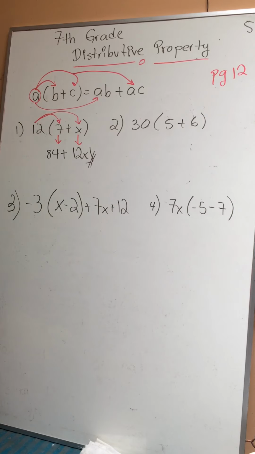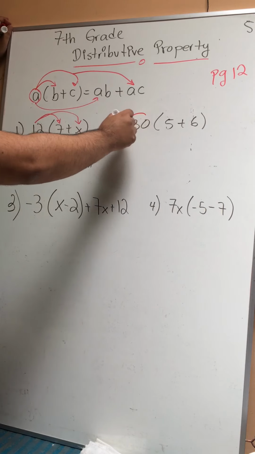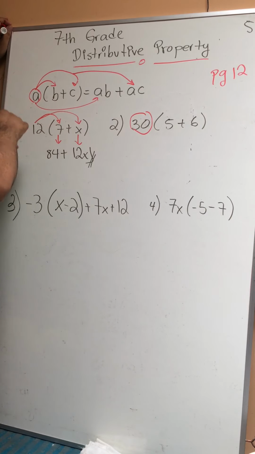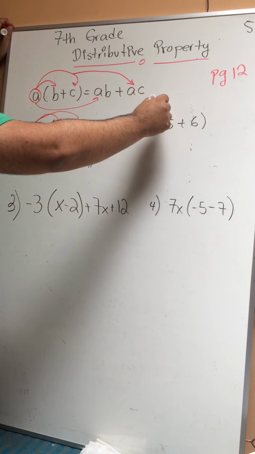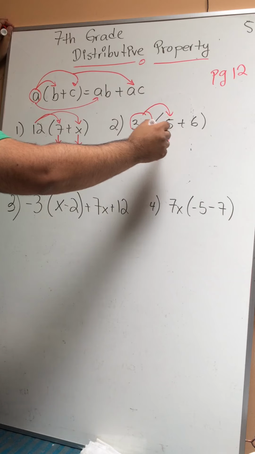Here, since we don't have a variable, we can apply two rules. We can apply the parentheses rule, where we work the parentheses first and then multiply by the outside number, or we apply the distributive property. Since we are talking about the distributive property, I want you to follow its process. We multiply the outside number by this number, and the answer comes here. Then we multiply it by this number, and the answer comes here.